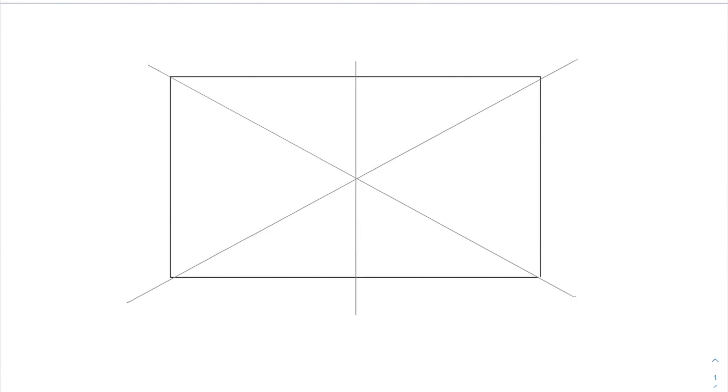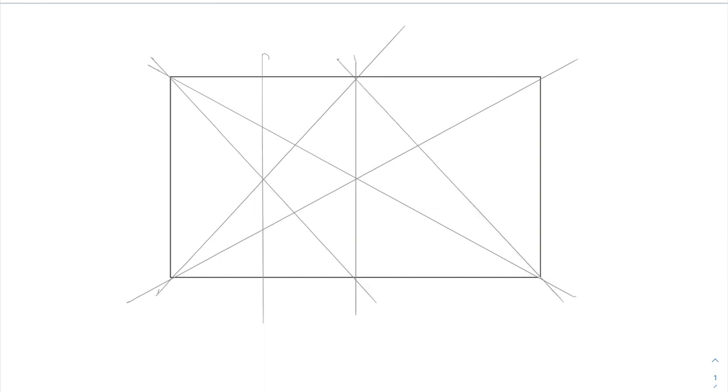And then we're going to find the middle on each of the halves. So we're dividing the whole in half and then dividing the halves in half. And when we do that, we come out with a window that has 4 panes that are of equal size. No measuring required here, you just do it geometrically and it works beautifully.